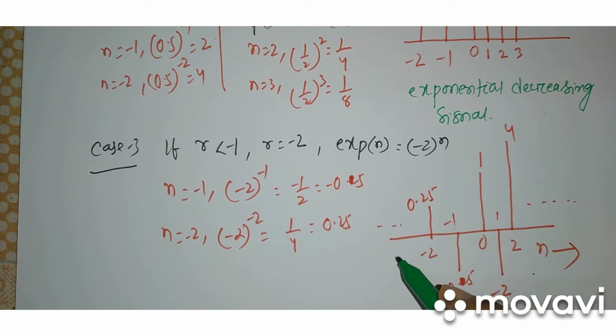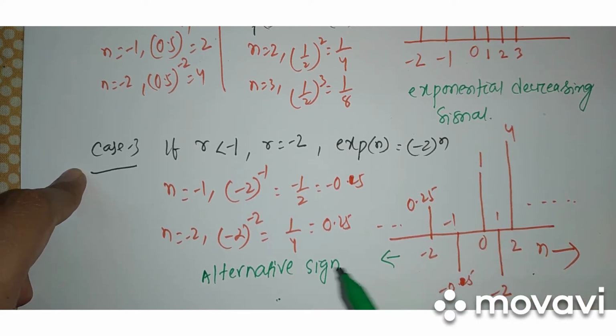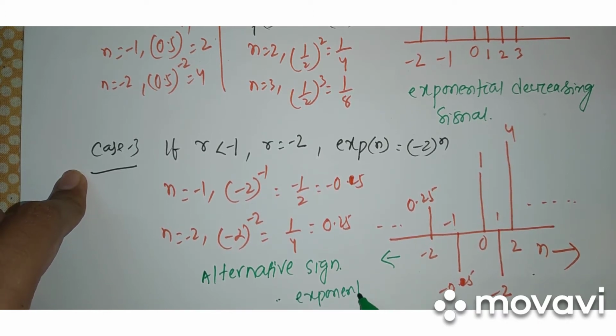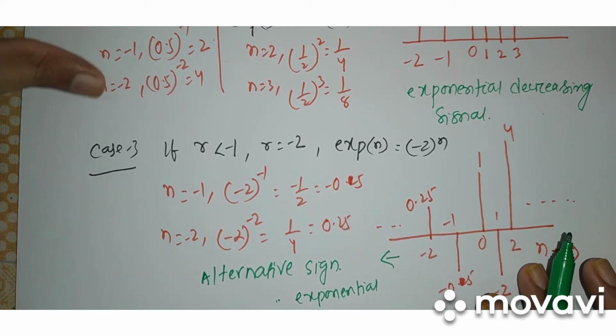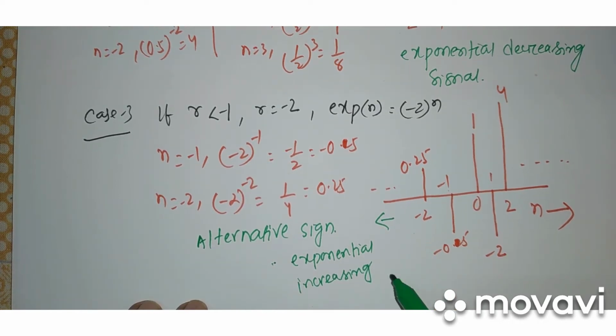Okay, we can write it like this: it is an alternative sign exponential increasing signal.